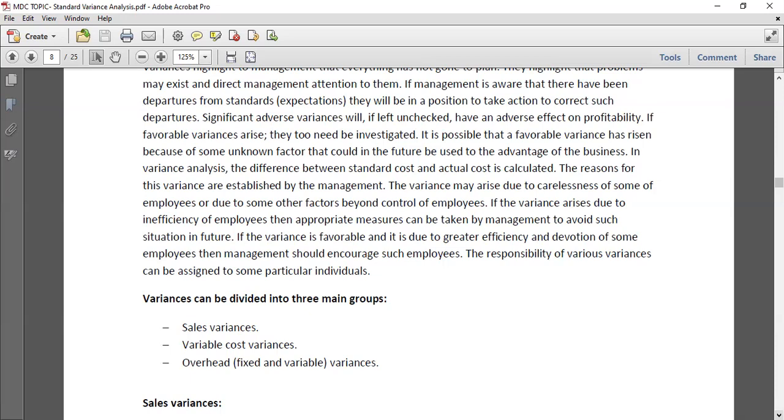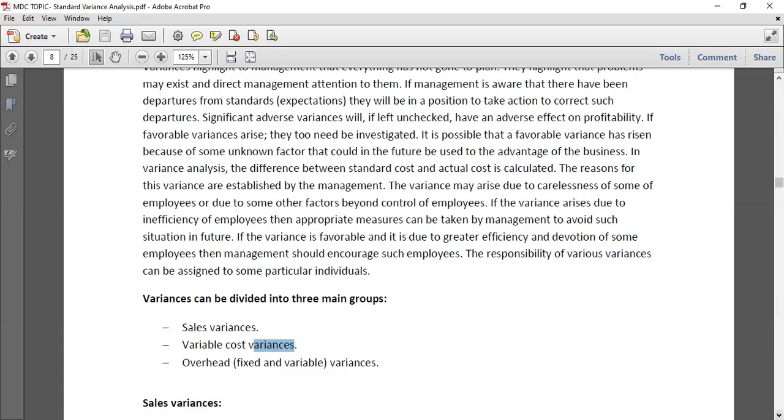So we have key categories of variances. We have sales variances, which have to do with sales revenue. And then we have the variable cost variances, and then we have the overhead, which is the fixed and variable variances.